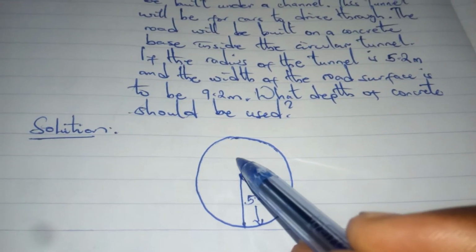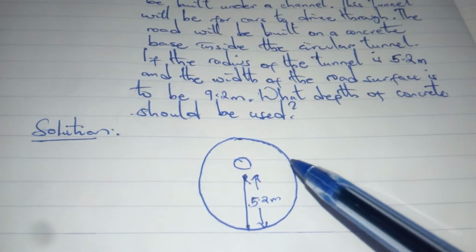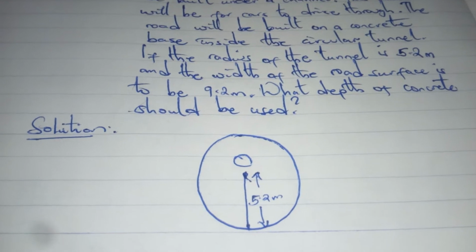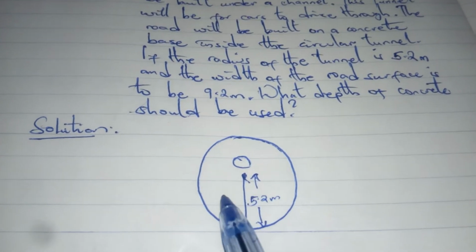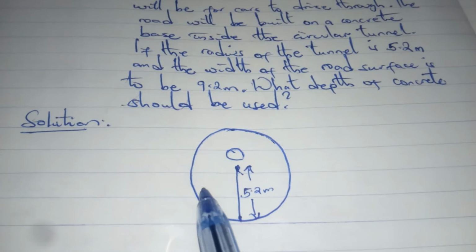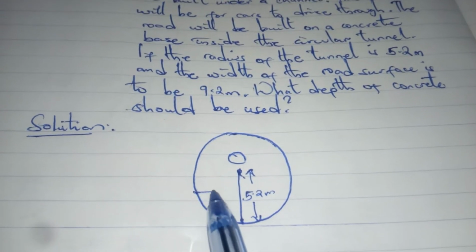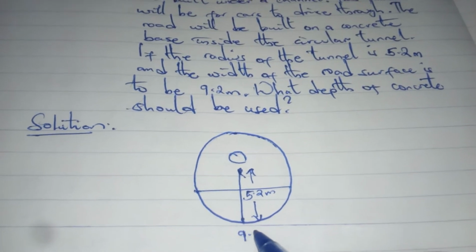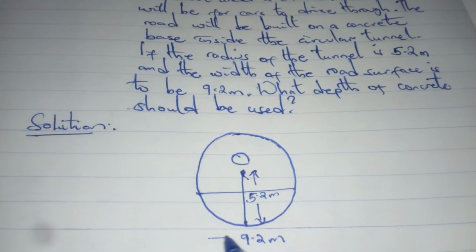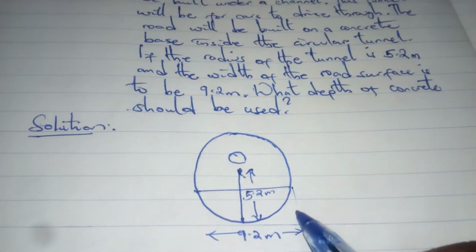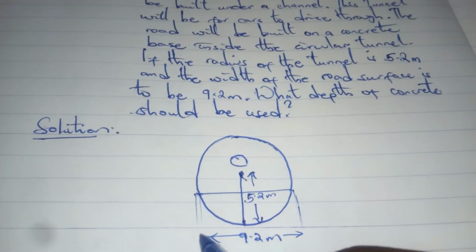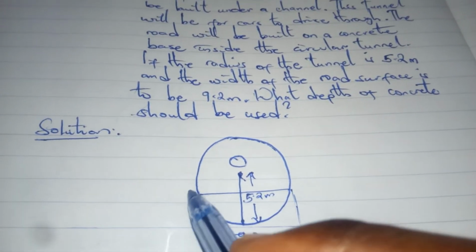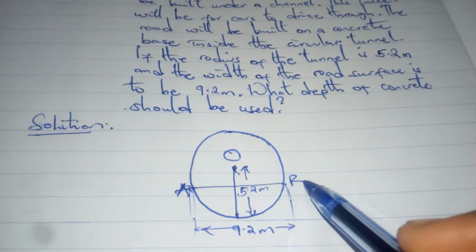Let's call the center of the circle point O. And now he said that the width of the road he wants to build through the circular tunnel is 9.2 meters. Let's say that length there is the width of the road. Let's name one side of the road A and the other side B.